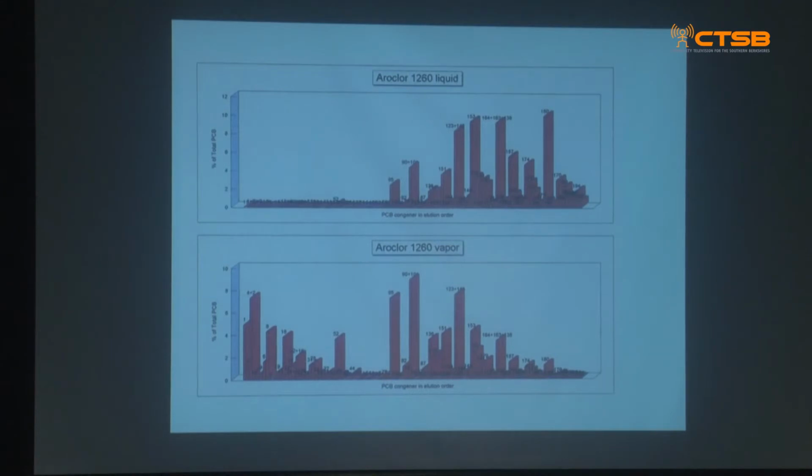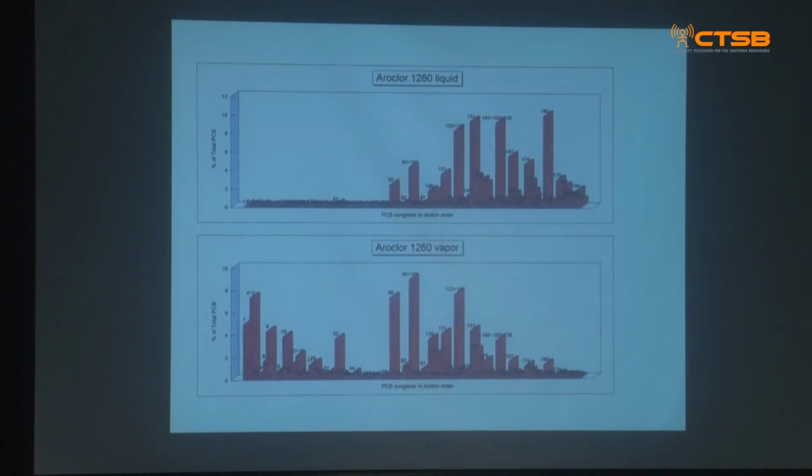So what my colleagues did was take some pure Aroclor 1260 and blow air over it, and then collect the PCBs in the air. And surprise, look at all of these PCBs that have few chlorines, down at 1, 2, 3, 4, and 5.